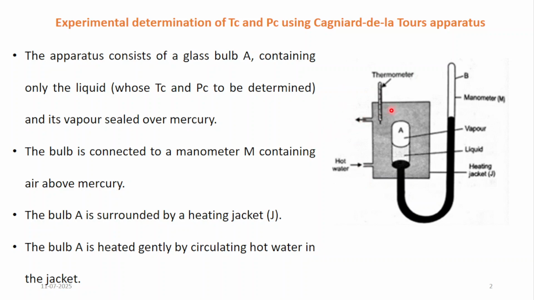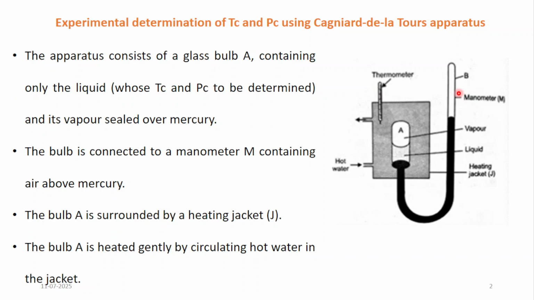So this apparatus consists of simple components. This consists of a glass bulb A containing only the liquid and its vapor, whose Tc and Pc are to be determined. Suppose you want to determine Tc and Pc for carbon dioxide, then you should fill carbon dioxide vapor phase and its liquid phase. Okay, carbon dioxide liquid and vapor only, nothing else should be present in bulb A. And this is connected to this manometer.